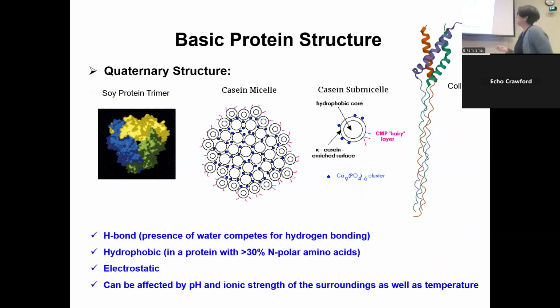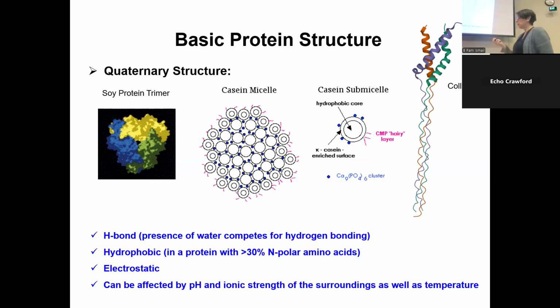Plant proteins have a high degree of non-polar amino acids, which makes some of them on the surface. Not all of them can be hidden, so they dislike water. Those proteins will want to hide from water, and by hiding from water, they interact with each other and they form stable quaternary structures.